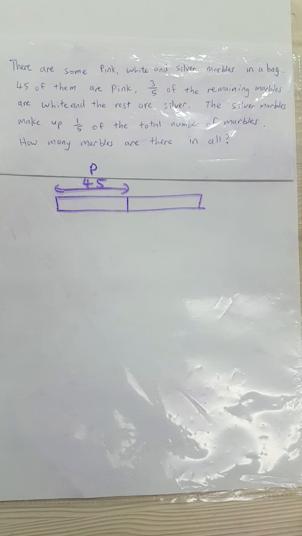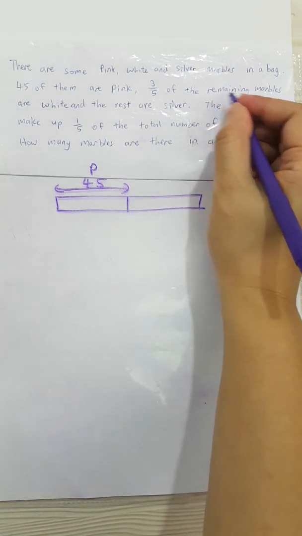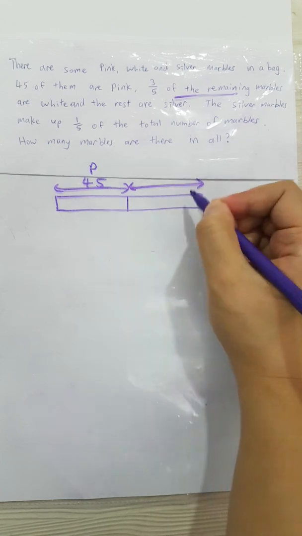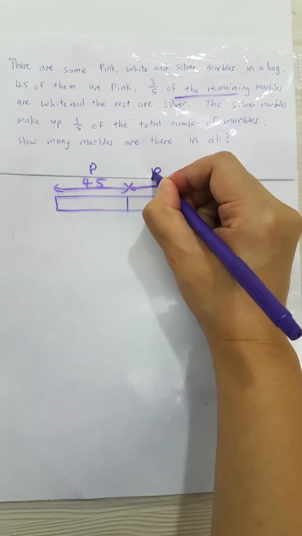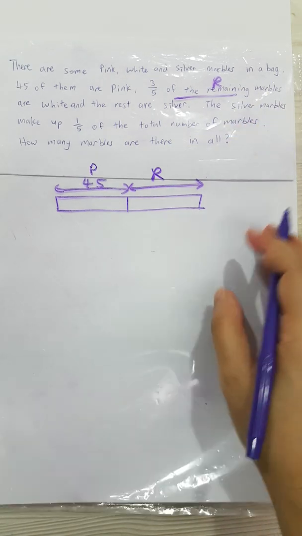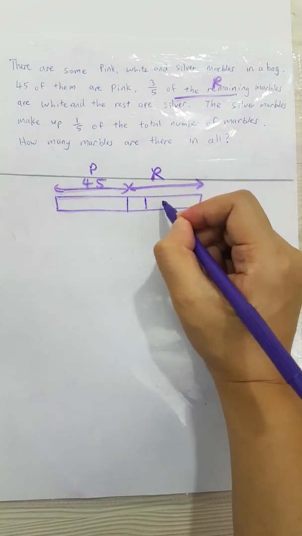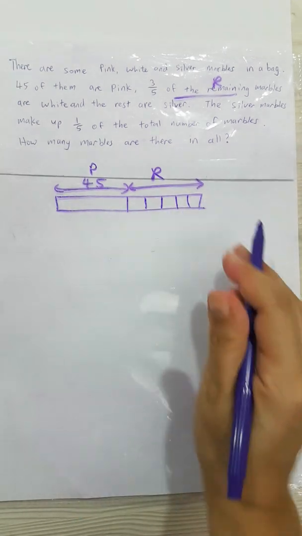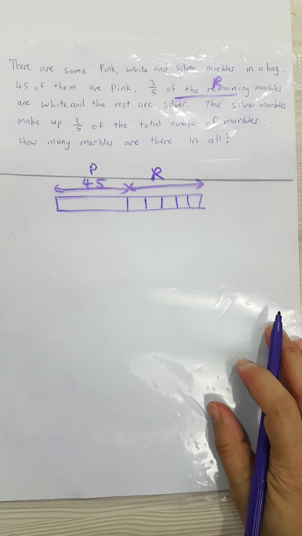Okay, now that I've done that, they say of the remaining marbles. So this is the important part. It means that you label R as your remaining marbles. You cut this part into 5. Do not cut the entire model into 5 because they didn't say 3/5 of the marbles.